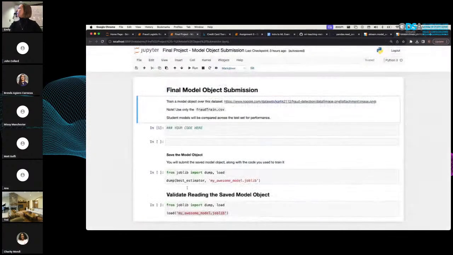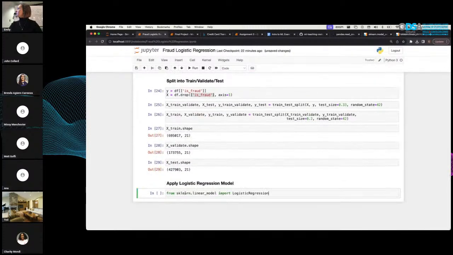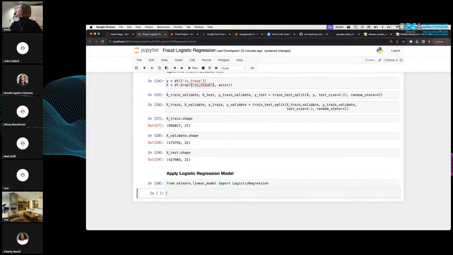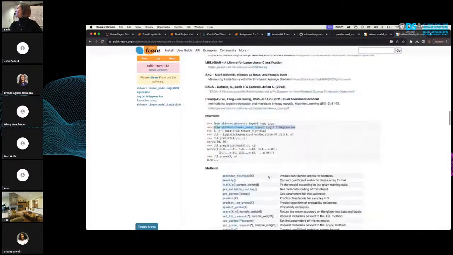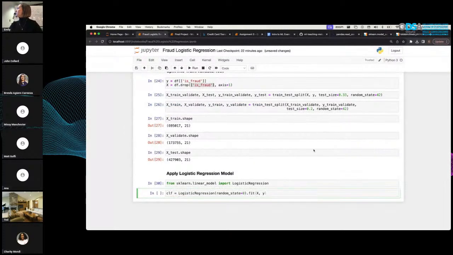Same thing we've done before. I'm just going to put it here because I'm lazy, but you should put it at the top of your file. Formatting. And they call theirs clf. Sure, we'll call it clf. And we're going to pass it X train, y train. Sure, we'll set that random state to 0. That's fine.